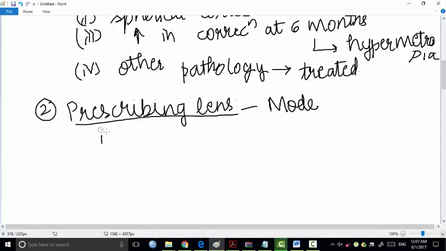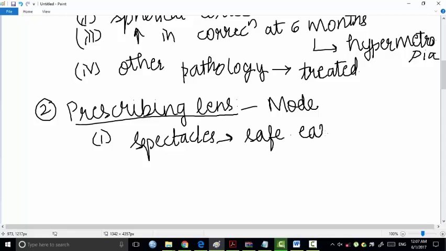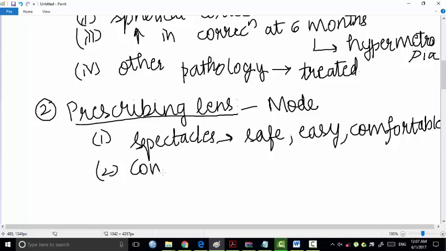The first is spectacles. You can prescribe spectacles, which is easier, safe, easy, comfortable, and the second mode of prescribing is contact lenses.